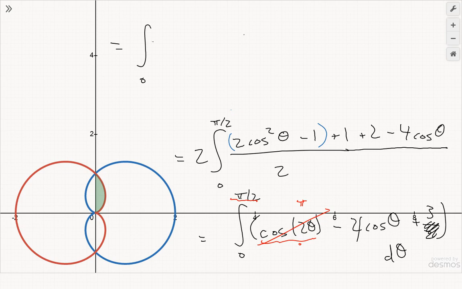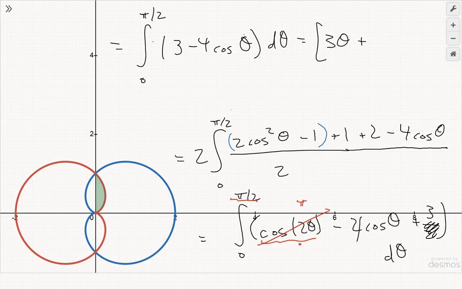Okay, so the integral from 0 to pi over 2 of 3 minus 4 cos theta d theta is 3 theta, minus 4 sine theta, evaluated at pi over 2 and at 0.